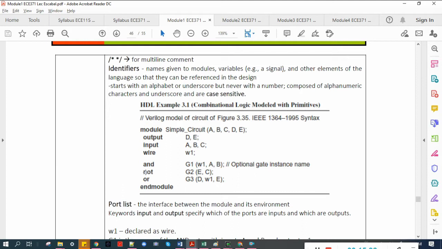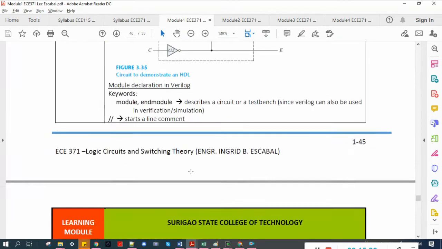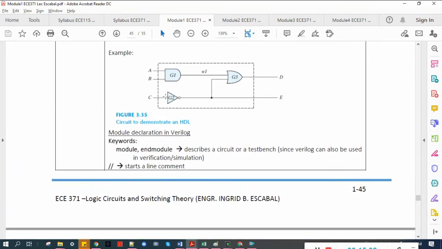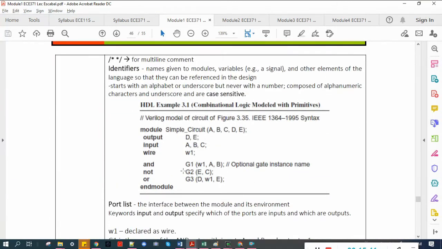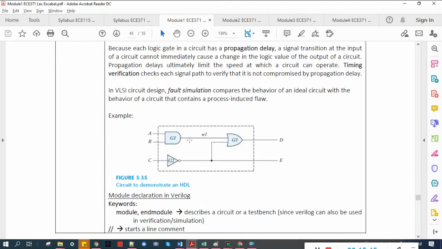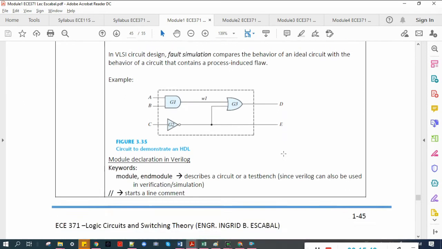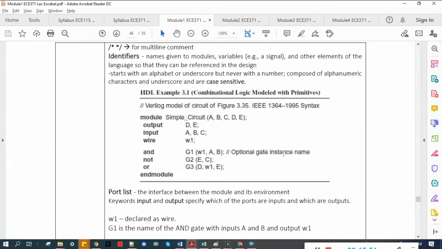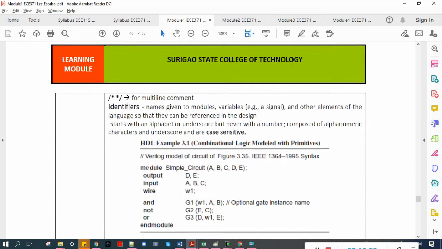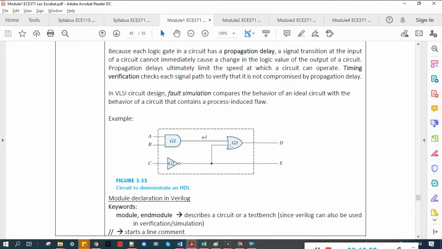For the inverter, the keyword is not. Let's follow the name of the inverter in the figure, G2. So G2, the output is E and the input is C. So we first write E followed by C. Then the OR gate is G3.